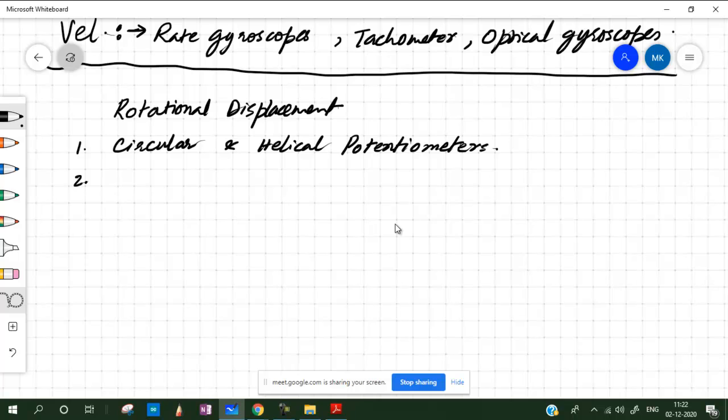Then we have a counterpart similar to the LVDT, the RVDT, where we refer to them as rotational differential transformers.